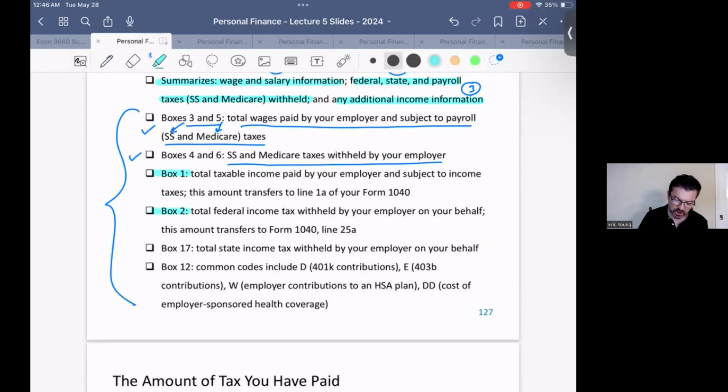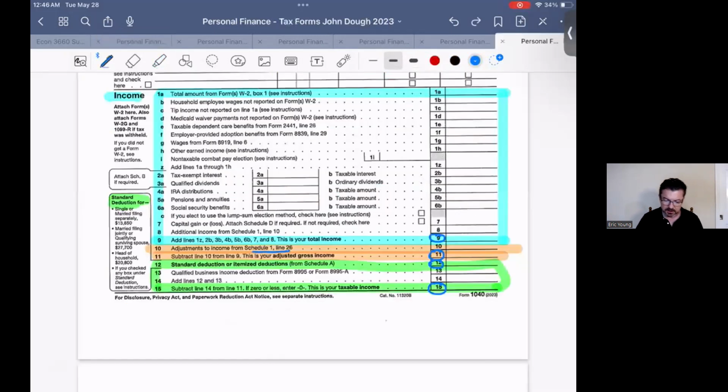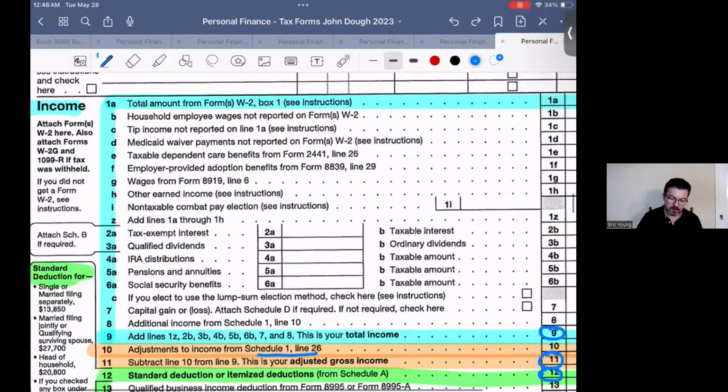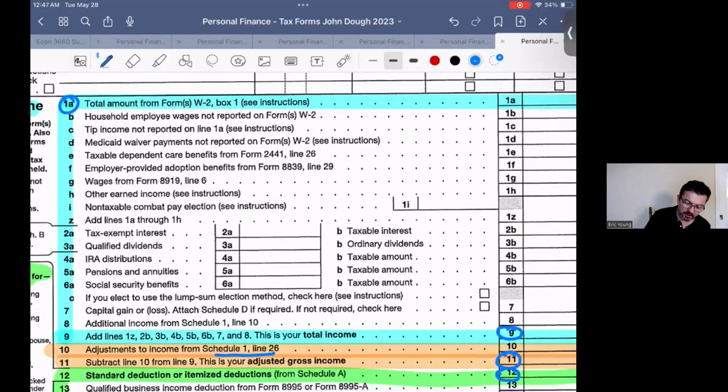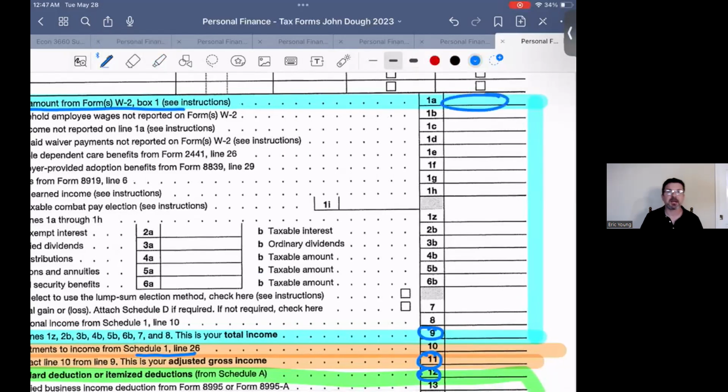Box 1 shows the total taxable income that you earned that is subject to tax. In other words, how much money did you earn that has to be reported to the federal government? Because the amount in box 1 transfers to your Form 1040. Take a look, let's go back up here. Box 1a, total amount from Form W-2 box 1, it transfers right there.